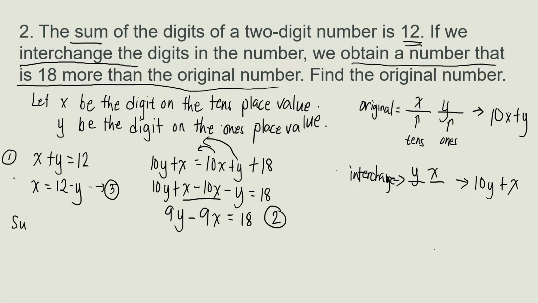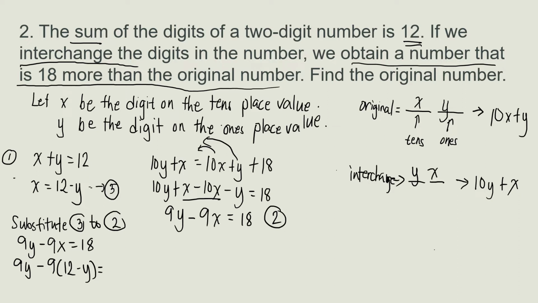So substitute equation number 3 to equation number 2. You have 9y minus 9x is equal to 18. Your x is 12 minus y from equation number 3. So you will have 9y minus 9 times the quantity 12 minus y is equal to 18.